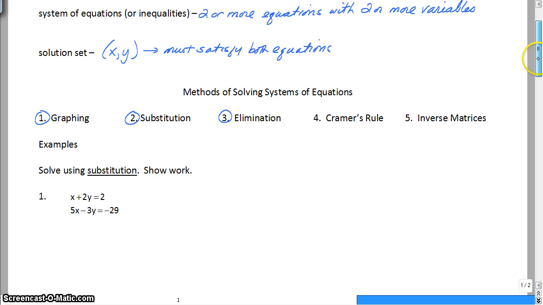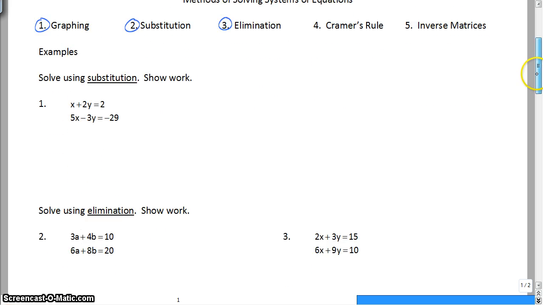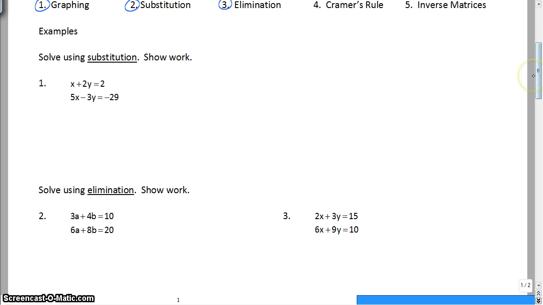So, there are a few algebraic ways to solve systems, and one way is using substitution. So substitution, what you need to do is you need to take one equation and you need to get it equal to one variable. So we can just subtract the 2y from the other side and have x is equal to negative 2y plus 2.